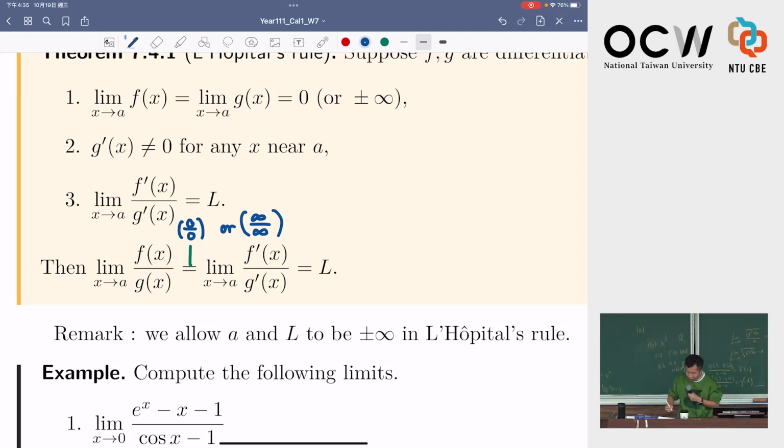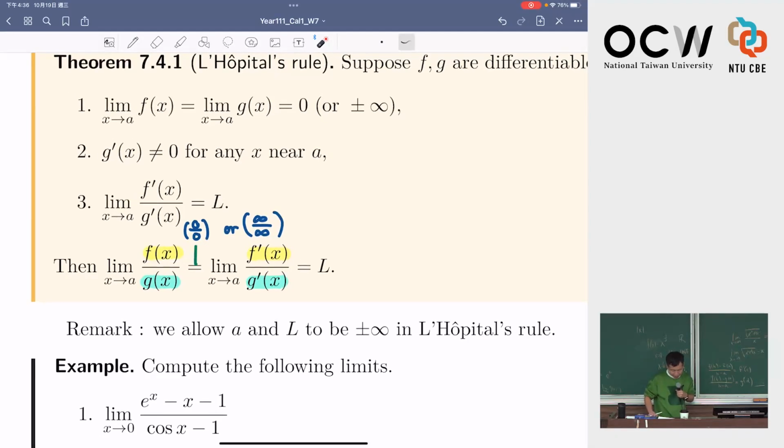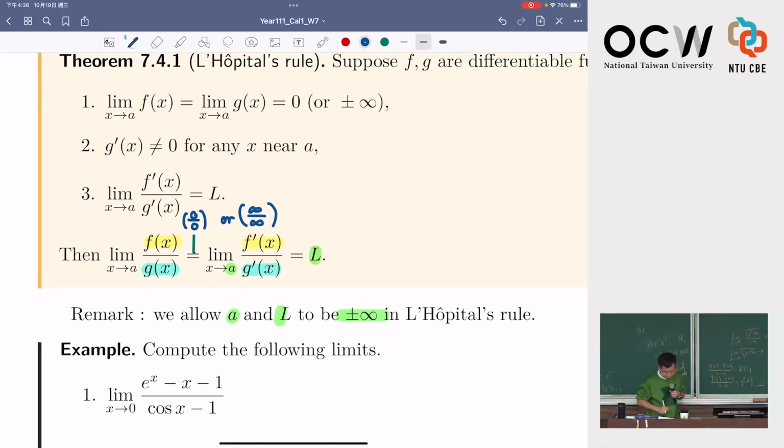That means you can differentiate both the numerator and the denominator to compute the limit. I make a remark here: we allow the a here and the limit here to be plus or minus infinity in L'Hopital rule, but we do not allow L to be something like oscillating or does not exist.